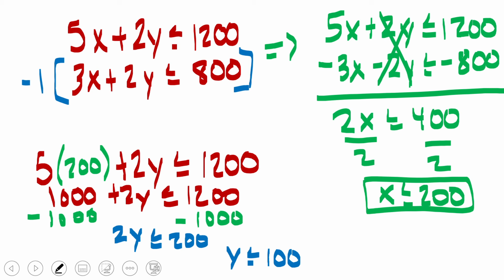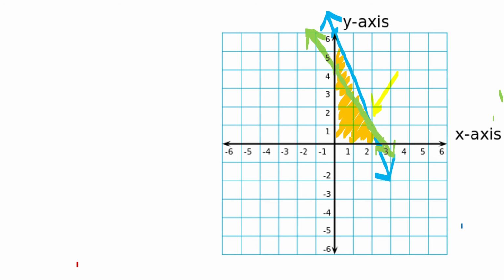If I hit my smart keys, it'll throw out my recording, so I'm going to have to work where I have room. So mental math that. Okay, so our intersection is at 200, 100. It's about there on the graph.